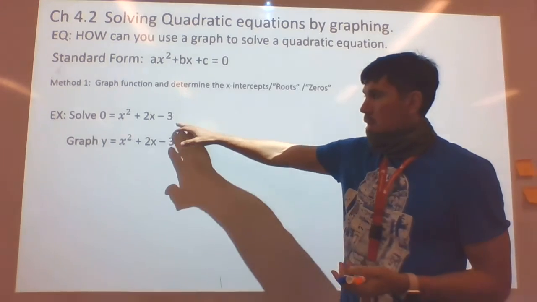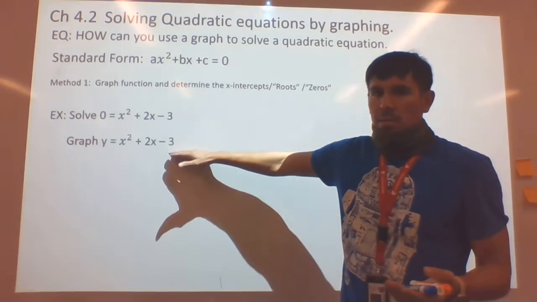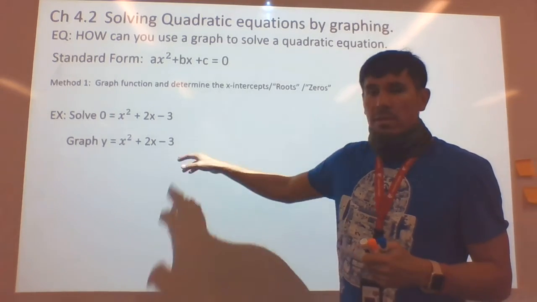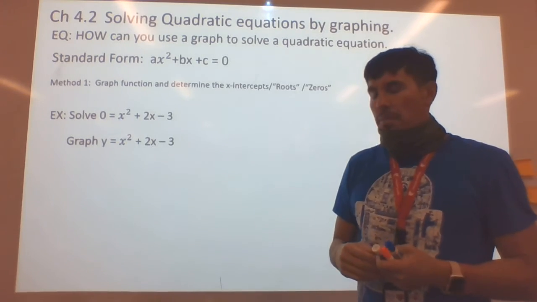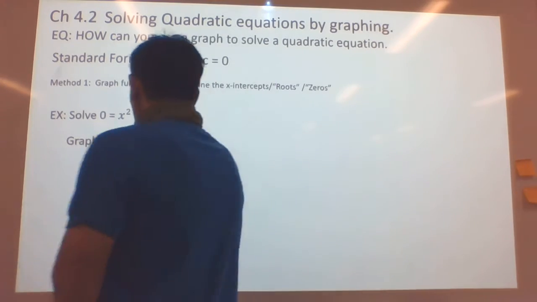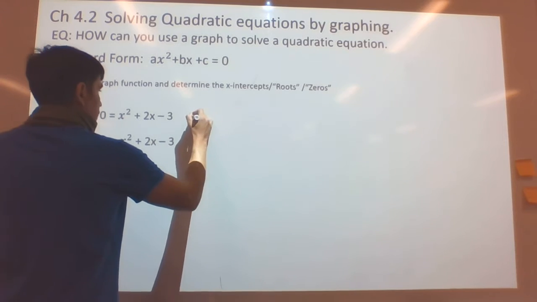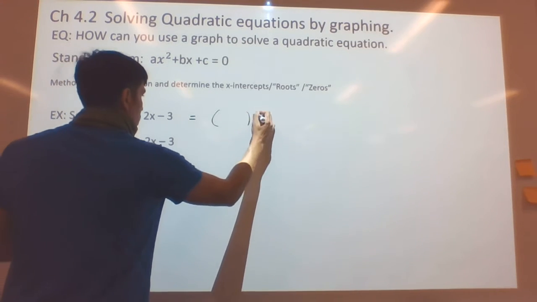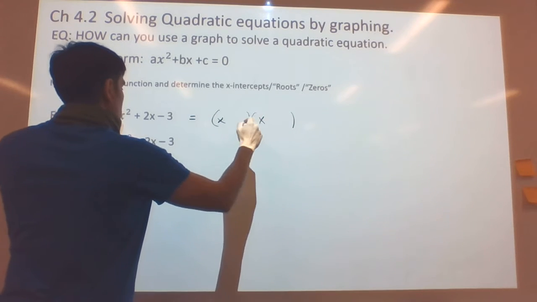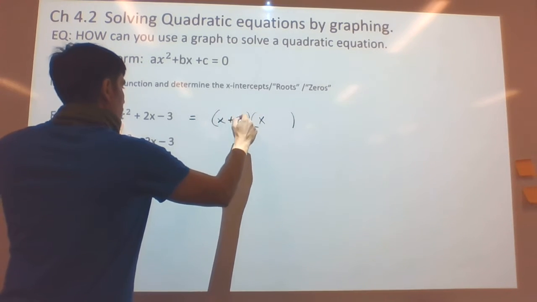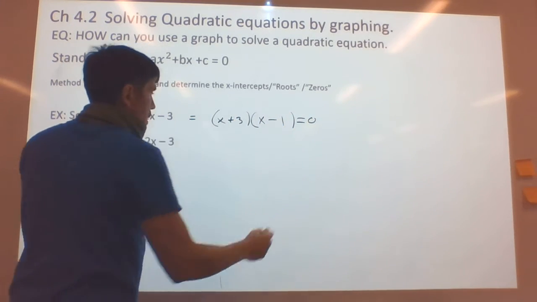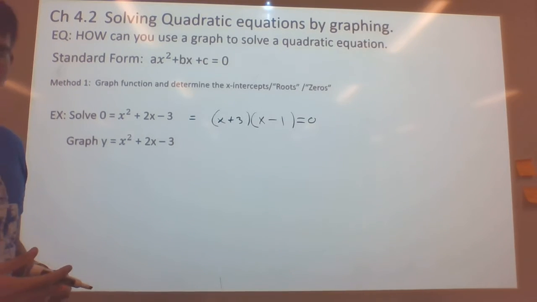So again, two methods. You can graph and see where it crosses. If it crosses, you have your solutions. Or you can factor. And when you factor, for example, right here, we can use the zero product property to solve for x.